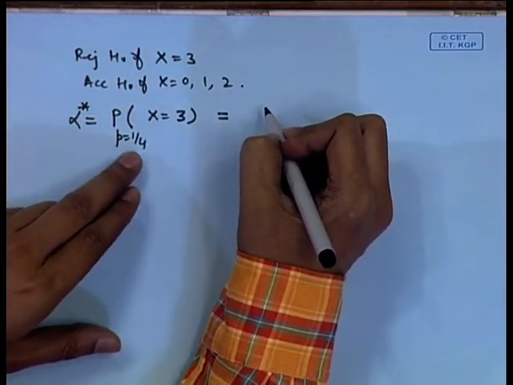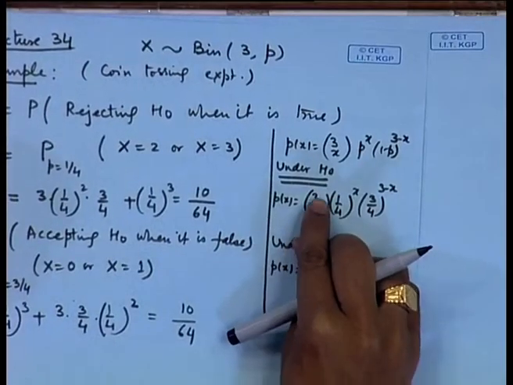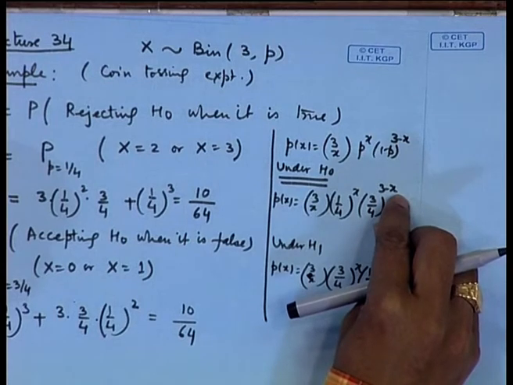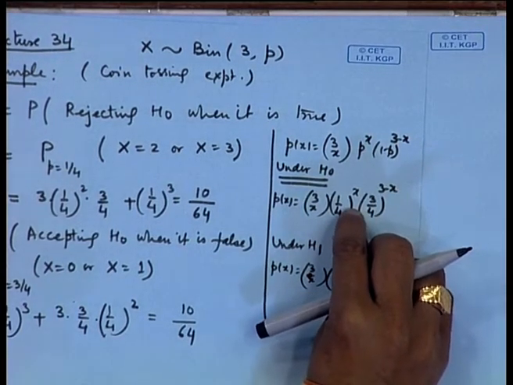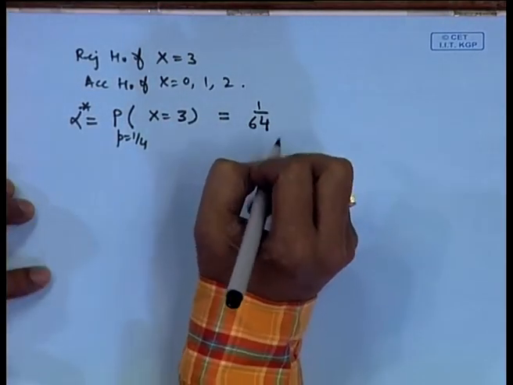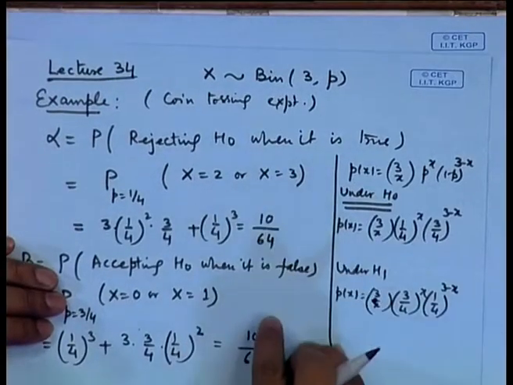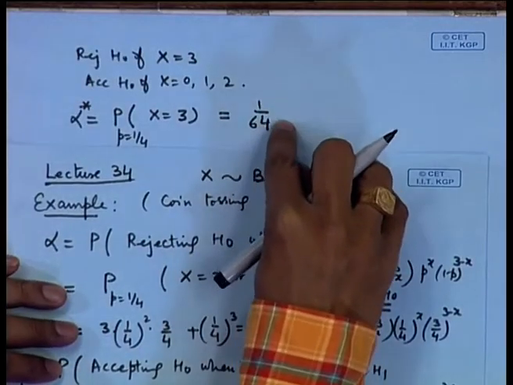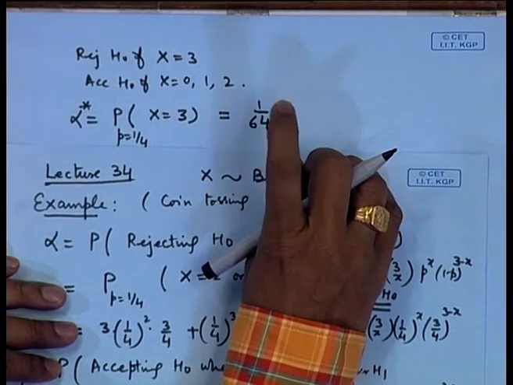So, when p is equal to 1 by 4, we noted down the distribution here: 3 c x, 1 by 4 to the power x, 3 by 4 to the power 3 minus x. If we substitute x is equal to 3 here, I get 1 by 4 cube, that is 1 by 64. So, naturally you can see here that the earlier test is having alpha equal to 10 by 64, this is having 1 by 64. So, this is having a much smaller probability of type 1 error.